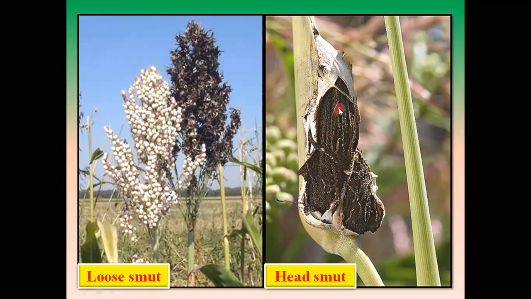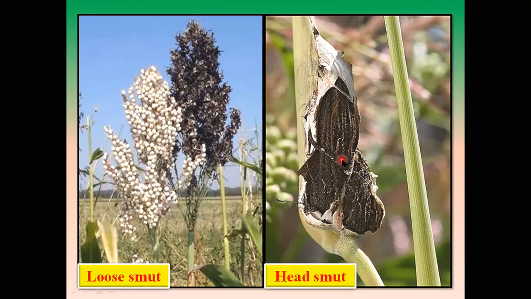If you see a single filament, it is generally long, thin and dark colored, looking like hair. Therefore, head smut is locally known as Jipari structure or Kesal Kani.